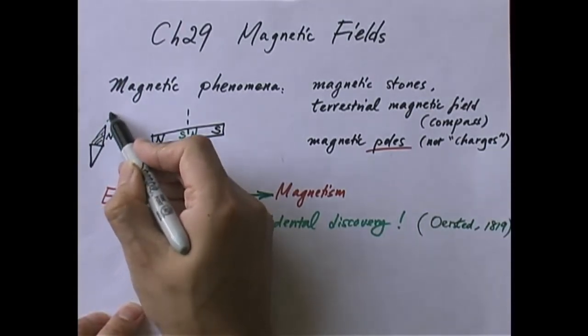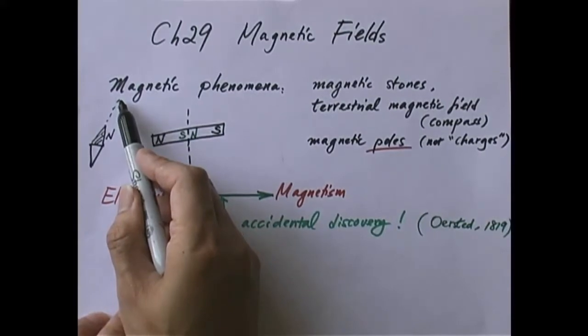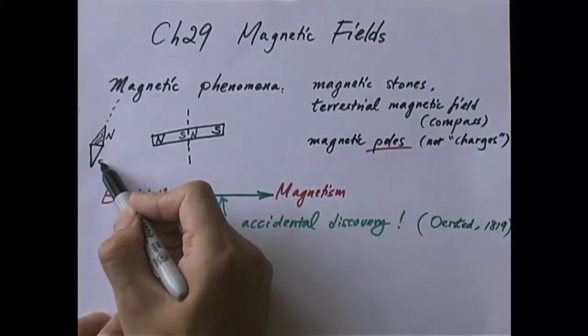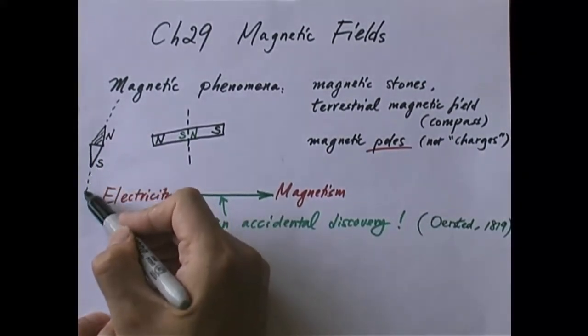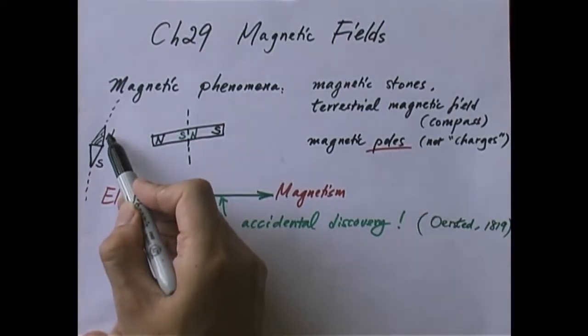So if you go that way, you will be pointing towards the geographical north pole of the Earth. And that is where Santa lives, okay? And the south pole of this compass will point towards Antarctica. It is for this reason we call this particular magnetic pole on the compass the north pole. In fact, it means it's the north-seeking pole.